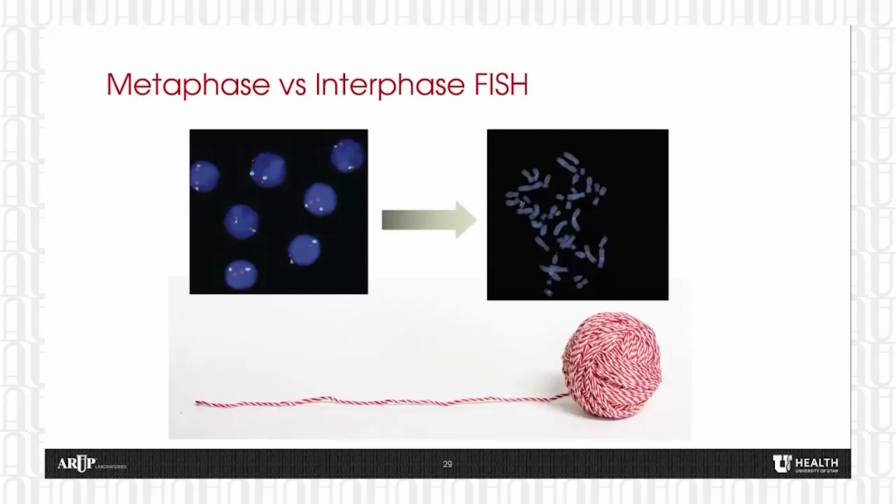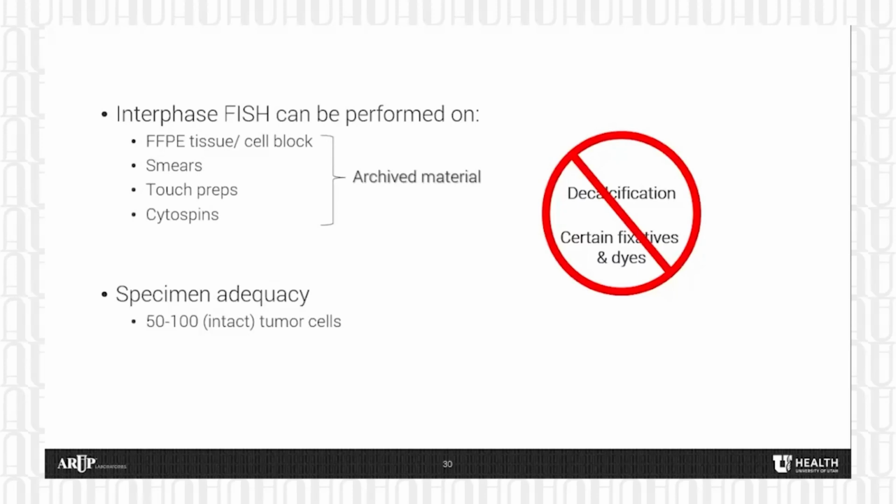However, interphase FISH can be done on a variety of specimens, from FFPE tissue or cell blocks to cytology preparations. The sample adequacy for performing FISH, depending on the probe strategy that I'm going to talk about later, is 50 to 100 intact tumor cells.